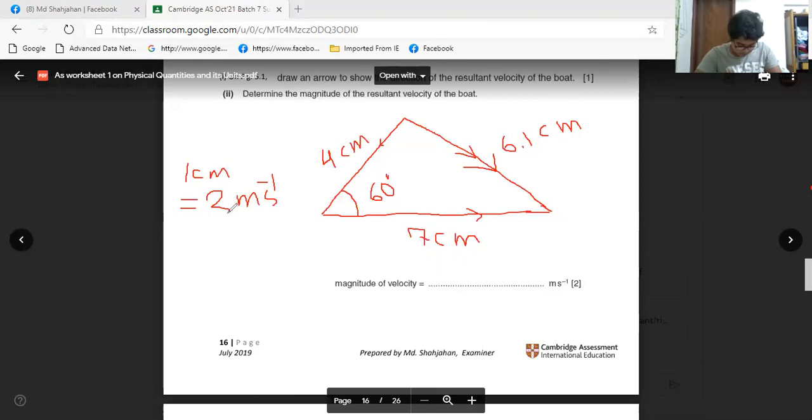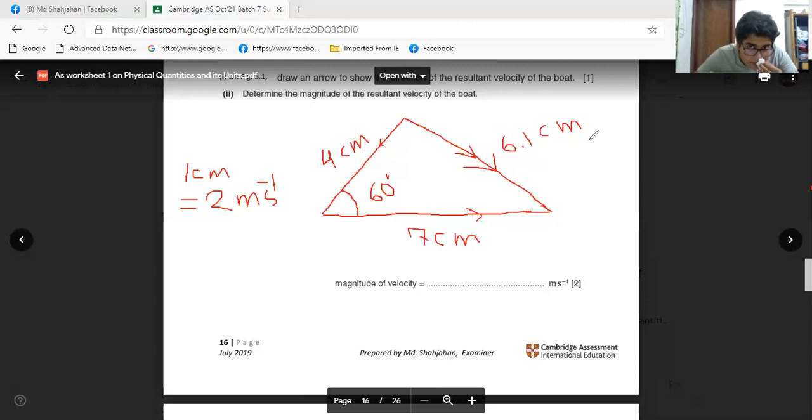Your 1 centimeter is 2 meter per second, right? So 6.1 centimeter will be how much? 6 centimeter will be, you calculate with your calculator. 6.1 centimeter, 1 centimeter is 2 meter per second.